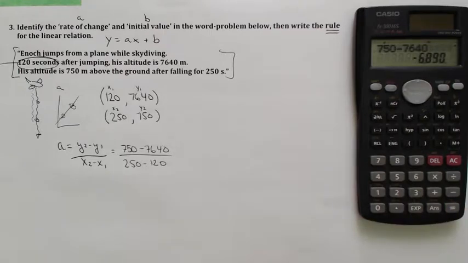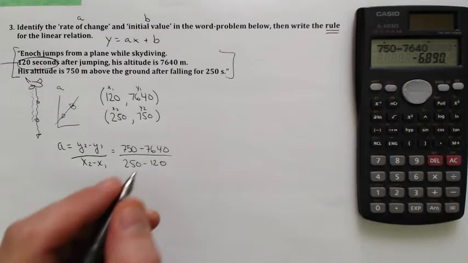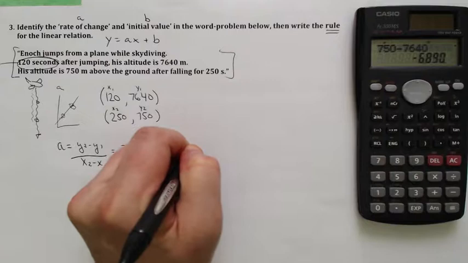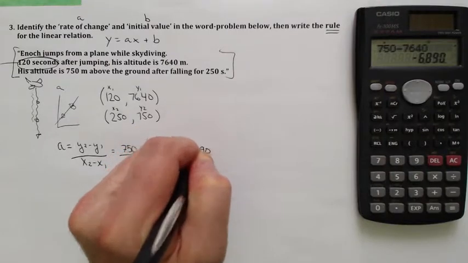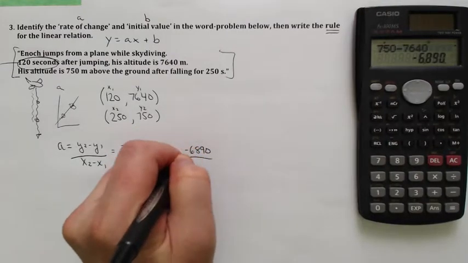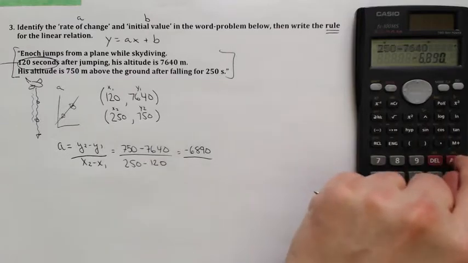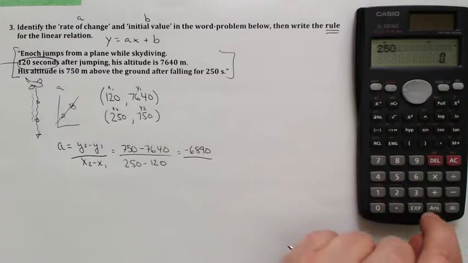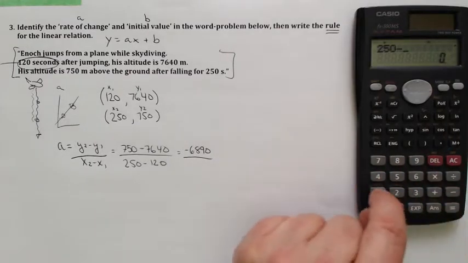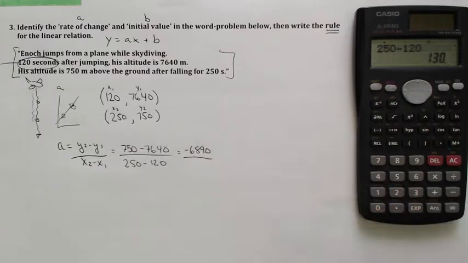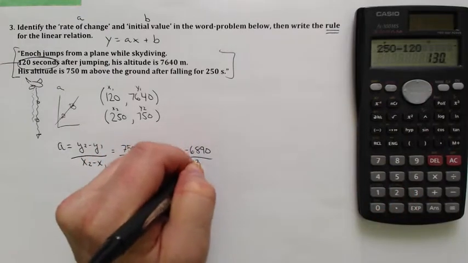And when we do that, we get negative 6,890. And then we'll do the bottom of the fraction, 250 minus 120, and that's going to give me 130.